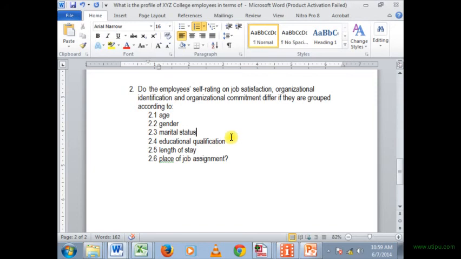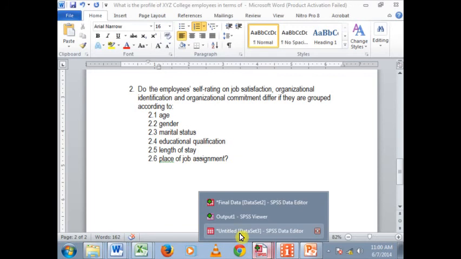What variable in this specific problem contains more than two variables? Okay, you have educational qualification, length of stay, and place of job assignment. So let us go to the data again.